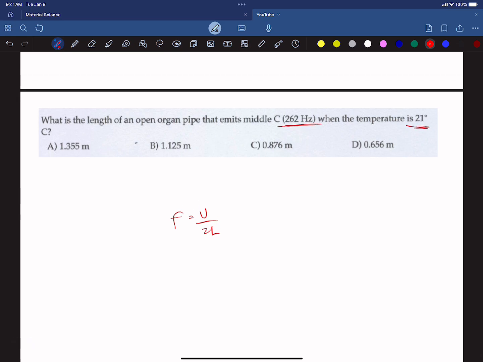They want us to find the length of an open organ pipe that emits this frequency when the temperature is this.